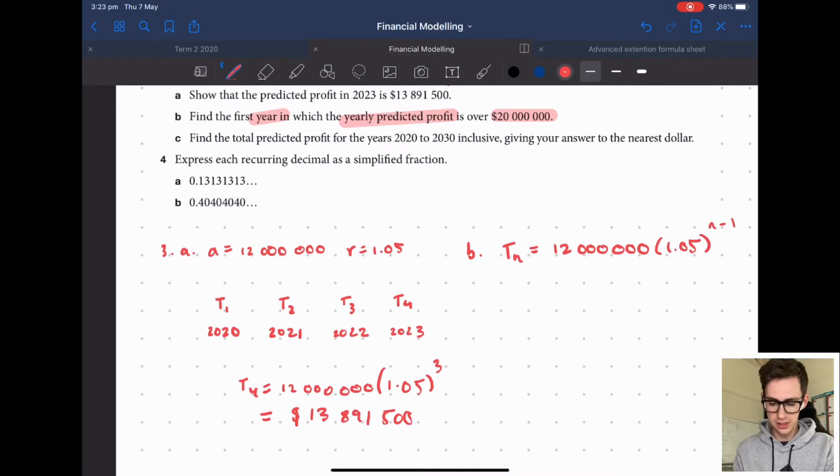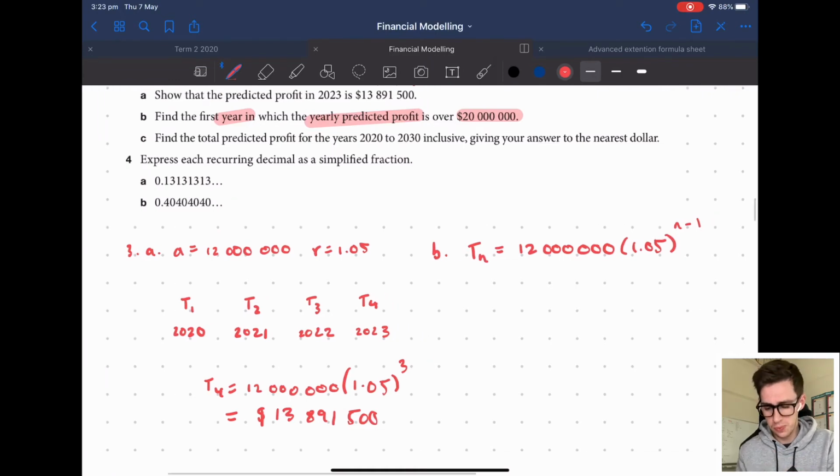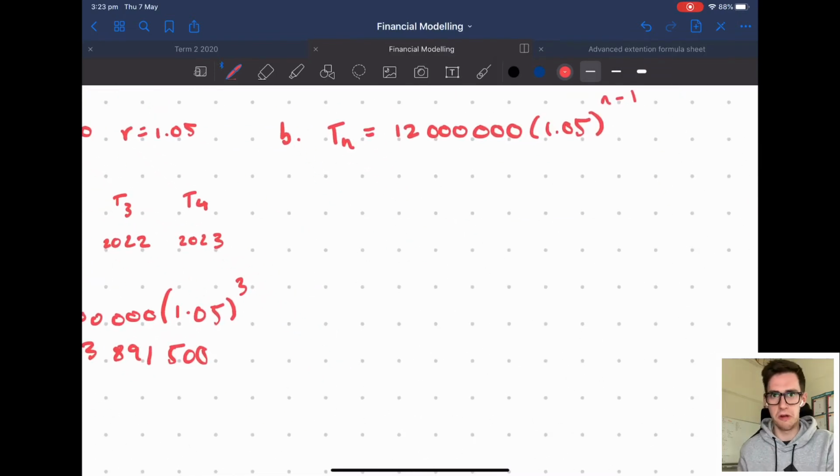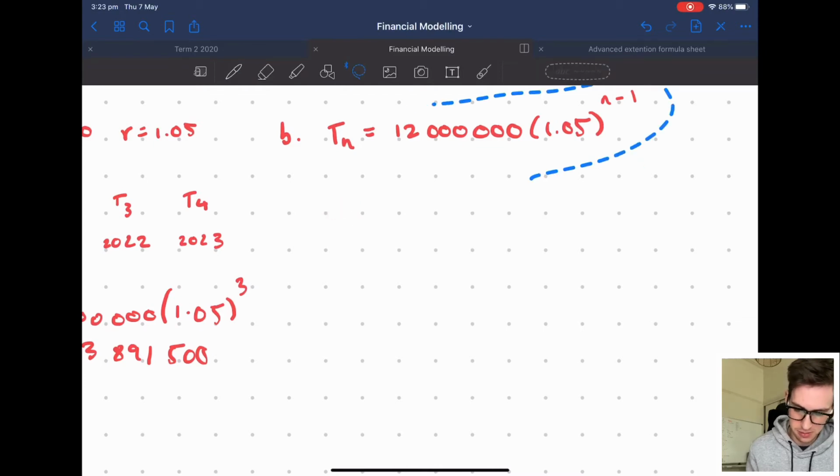Now, I am checking when it's over 20 million. I could do this by setting it with an inequality. I'm just going to use an equals for now because it's going to get me the same purpose. And honestly, it's just a bit more comfortable. Somebody might tell you, oh, it's not very proper, but screw 'em. So I'm checking when this thing is equal to 20 mil. I'm going to copy and paste it because I can do that.